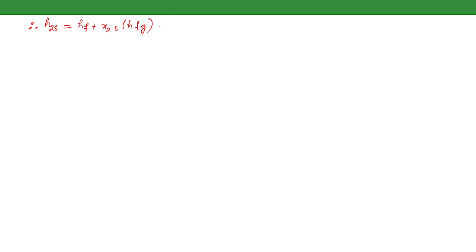If we put in the values, we get 225.85 plus 0.951 times 2373.51, so it comes out to be 2483.06 kilojoule per kg.